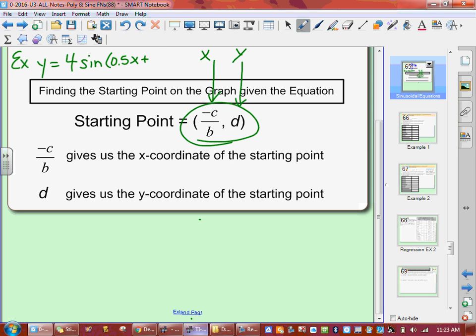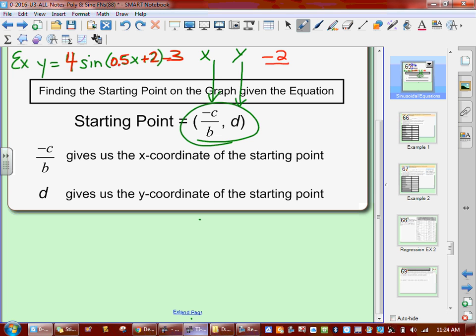So I've got a 4 for my A, 0.5 for B, 2 for C, and -3 for D. So here I need -c over B. All the -c means is take the c out as the opposite sign. So in brackets, c is a +2. It's going to come out as the opposite, -2. So I'm going to have -2 divided by, what's my B number? 0.5.